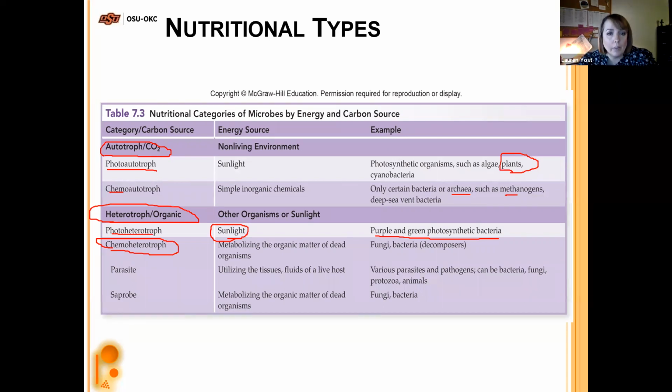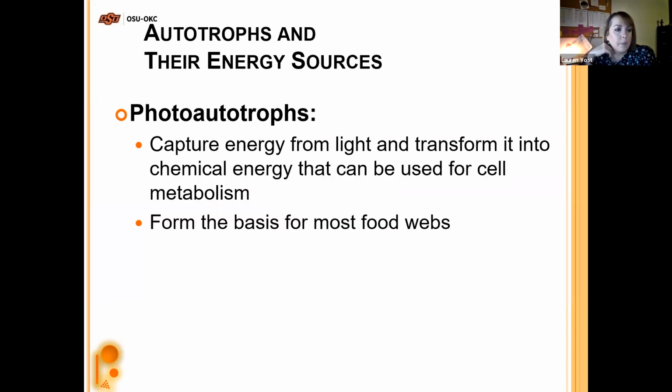Saprobes break down the dead things. Sure, they're chemoheterotrophs. Parasites like protozoa, yeah, sure, they're chemoheterotrophs. You and I are chemoheterotrophs.